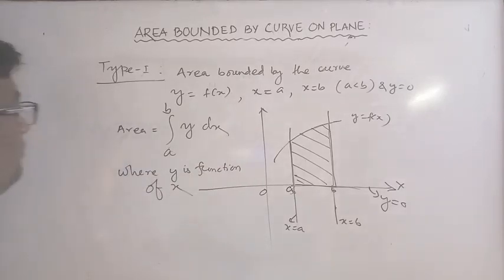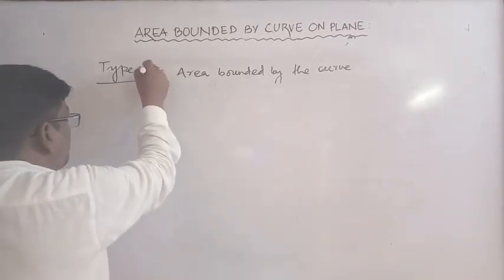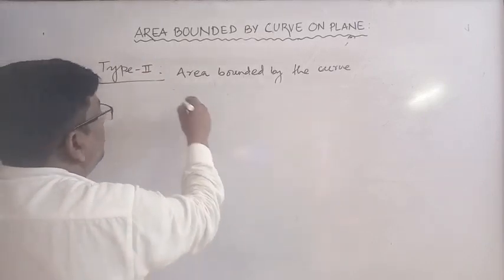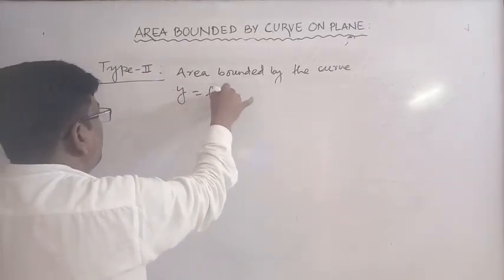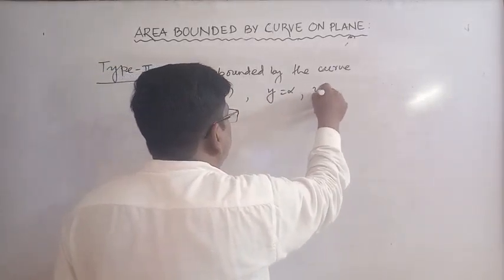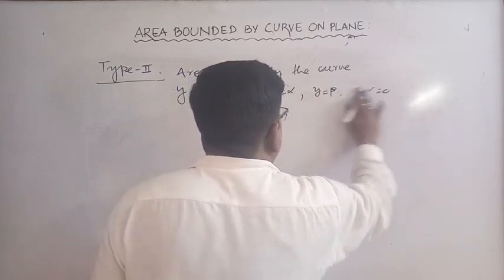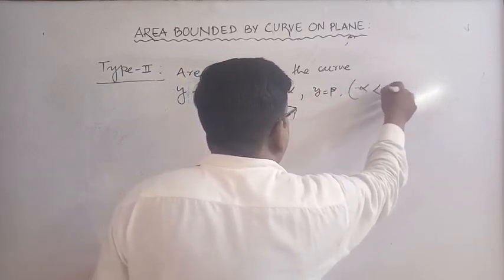Now type 2. Area bounded by the curve y equal to f of x and y is equal to alpha, y is equal to beta, and x is equal to 0, where alpha is less than beta.